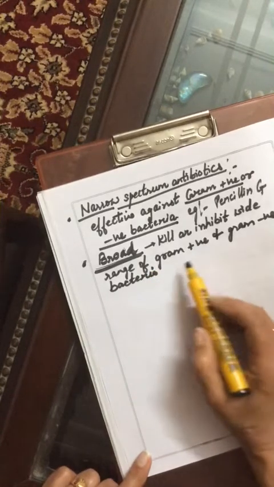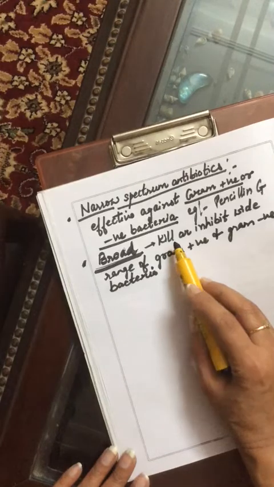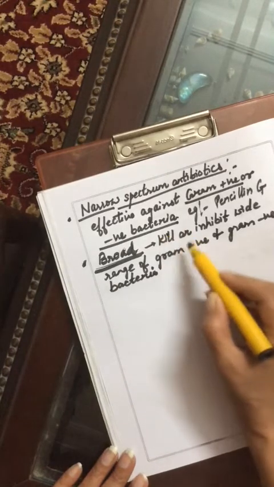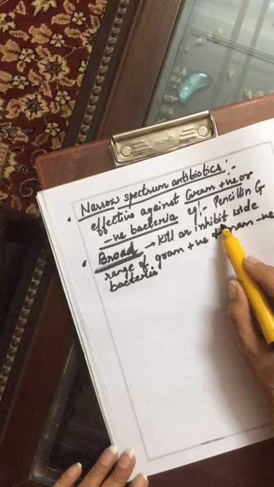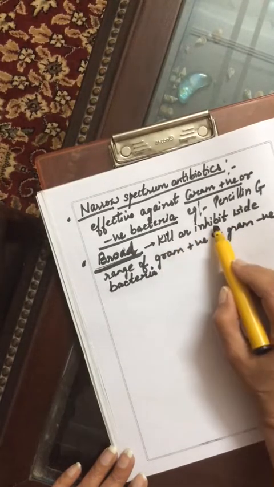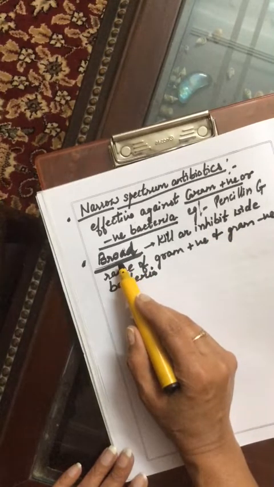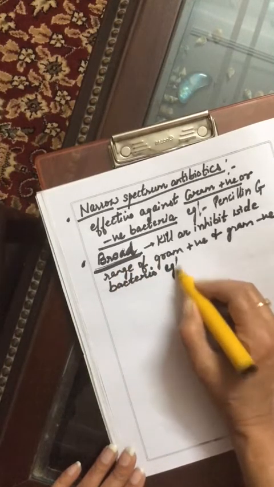Either the bacteria are killed by these medicines or their growth is inhibited. So these kinds of antibiotics are called broad spectrum antibiotics.